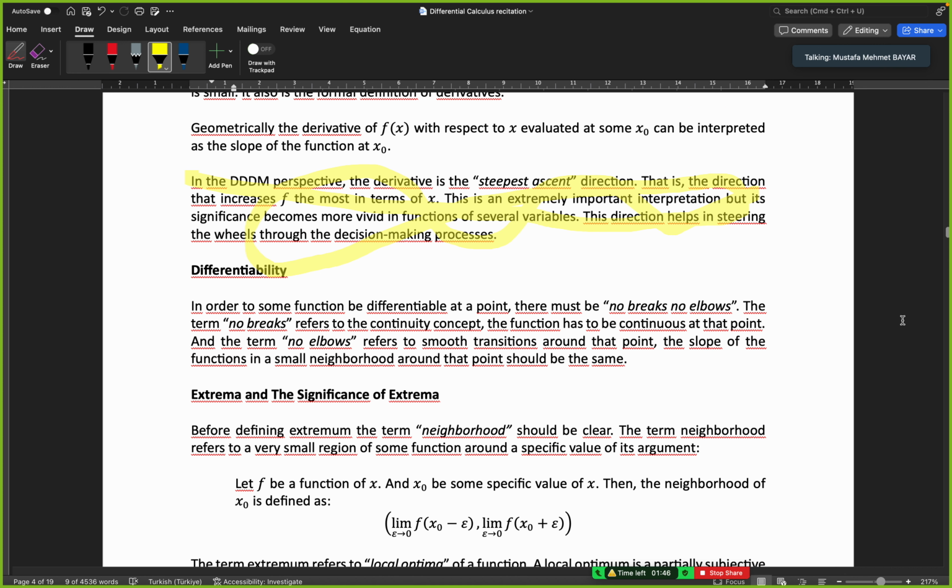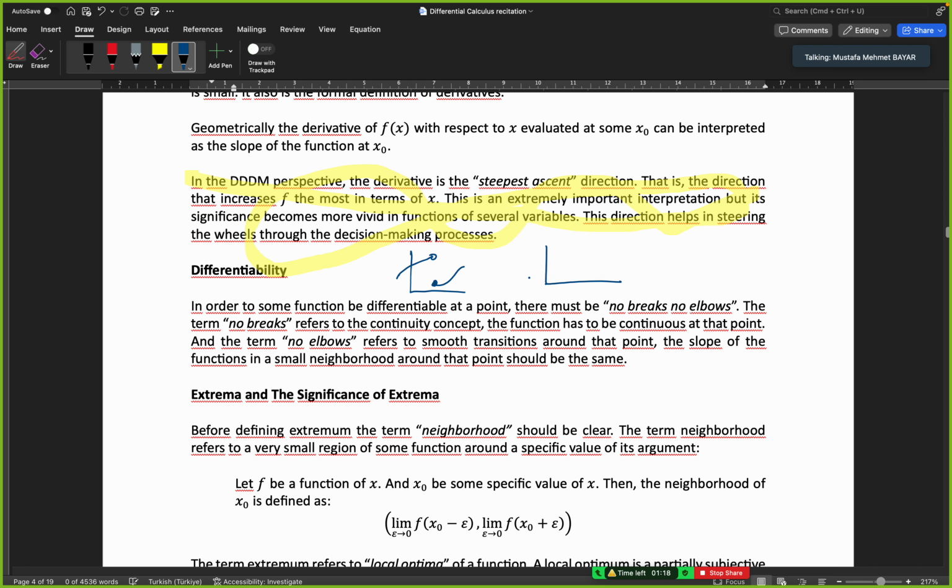And then we talked about differentiability. In order for a function to be differentiable, there should be no breaks, no elbows. So let me just illustrate it. So this is just a break.